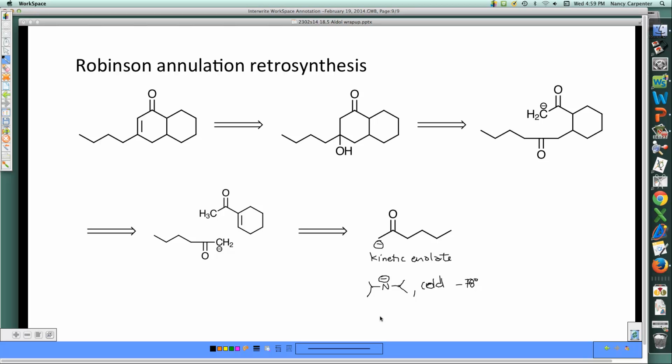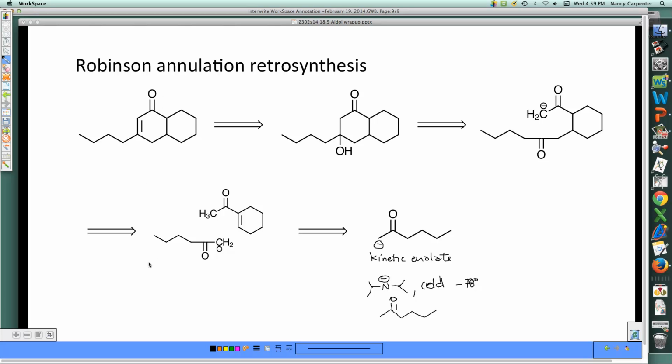So deprotonation of hexanone with lithium diisopropylamide under cold temperatures will allow me to pretty specifically generate the kinetic enolate, which can then be added to this cyclohexenone, and that gets me to here, to here, to here.